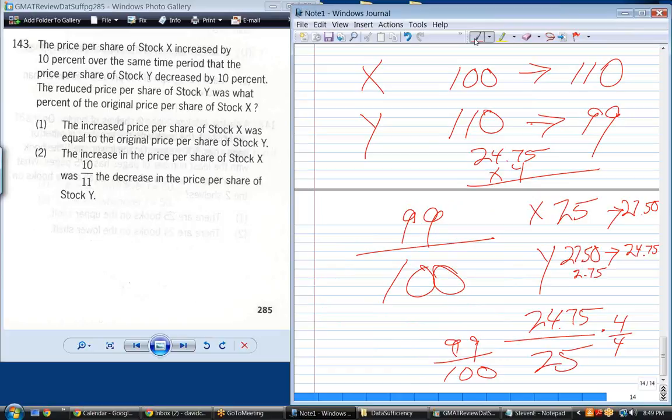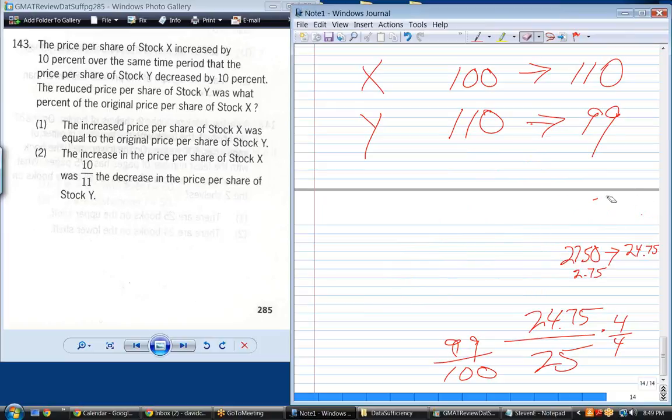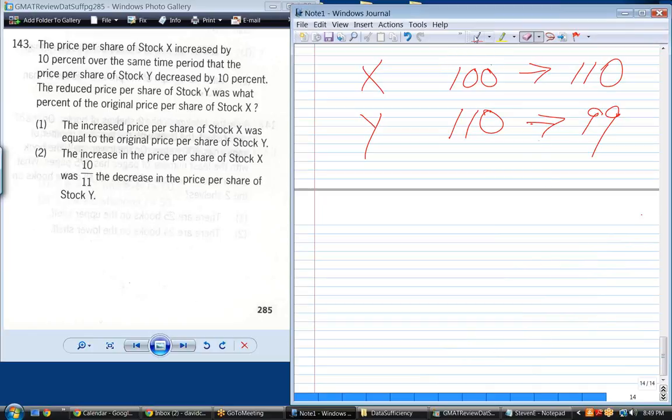All right, statement 2. Okay. So do these numbers work?